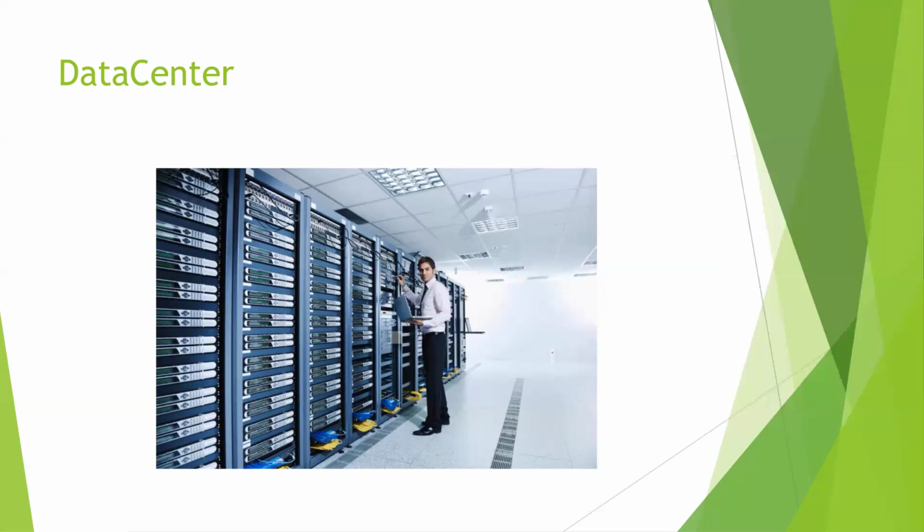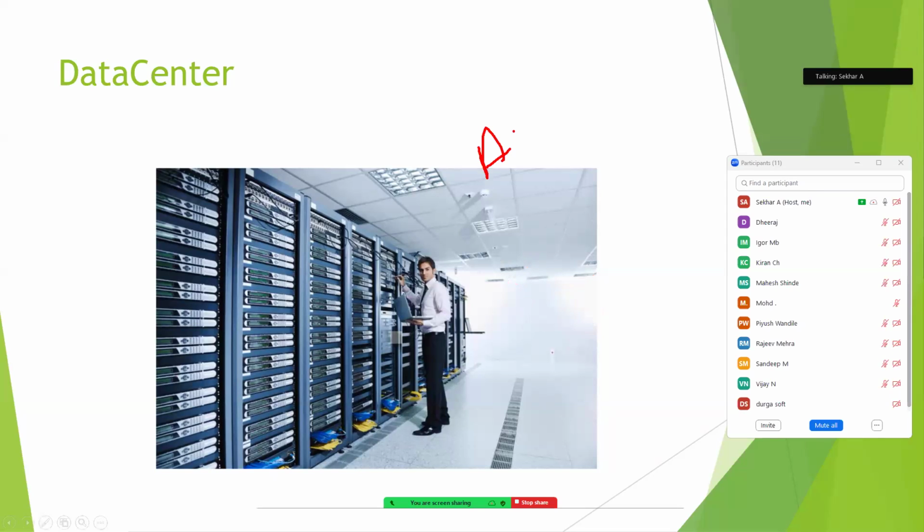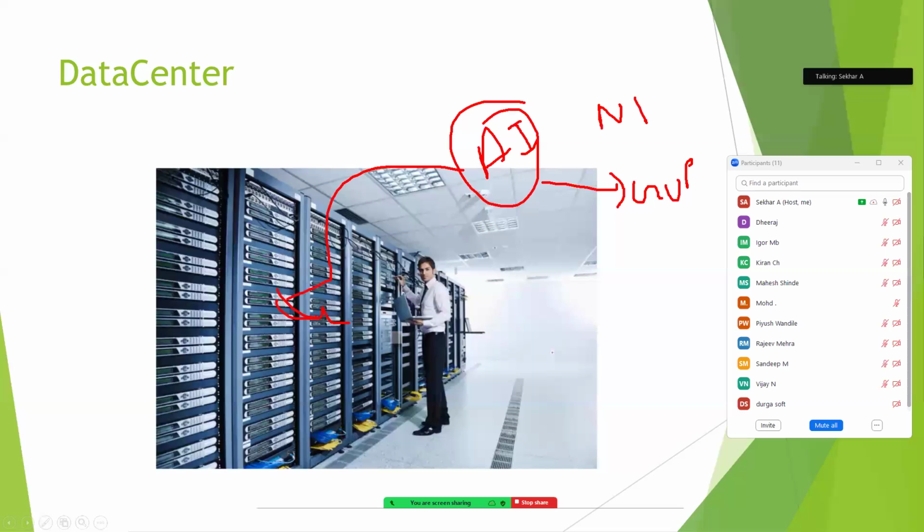That's why the entire IT industry is looking towards cloud. The best example, now you know, is that artificial intelligence came into the picture. To deploy artificial intelligence applications, this kind of data center won't support it. They had to go for GPUs, graphics processing units, developed by the NVIDIA organization.